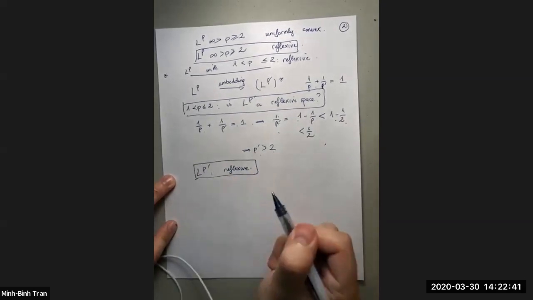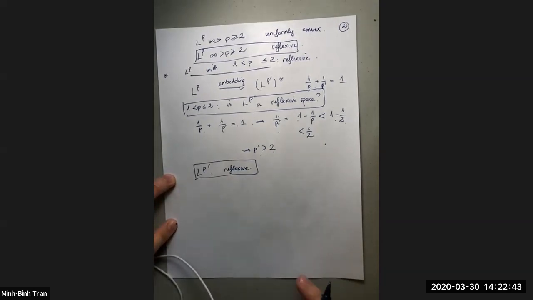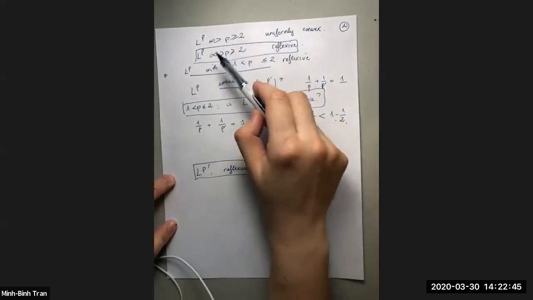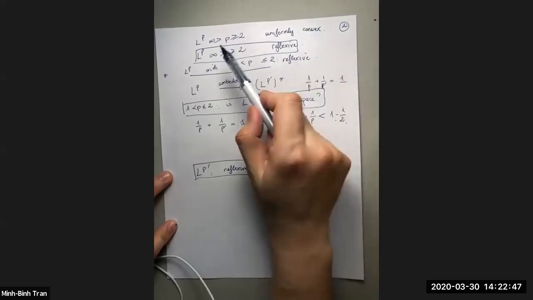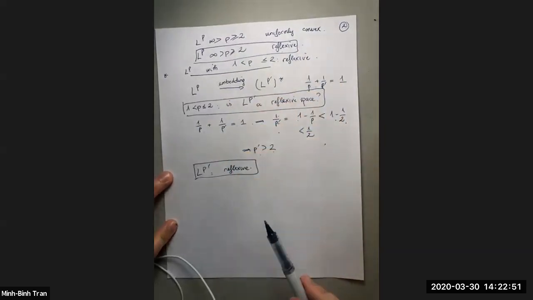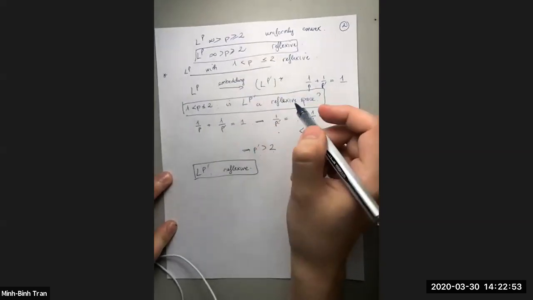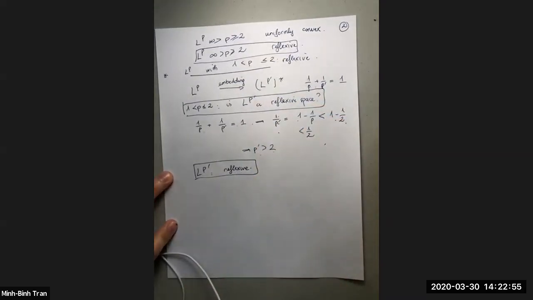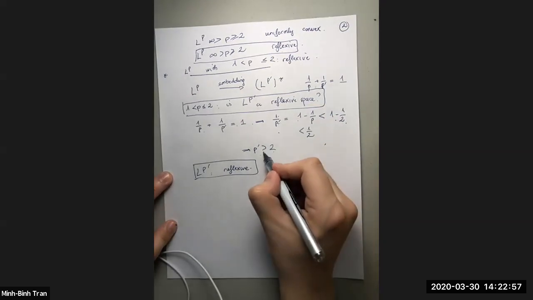This is one piece of information that we can extract from the previous proof that we showed: L^p is reflexive if p is bigger than or equal to 2.